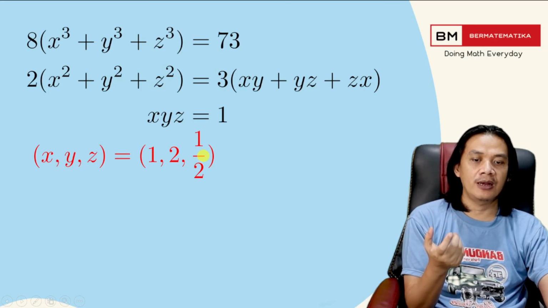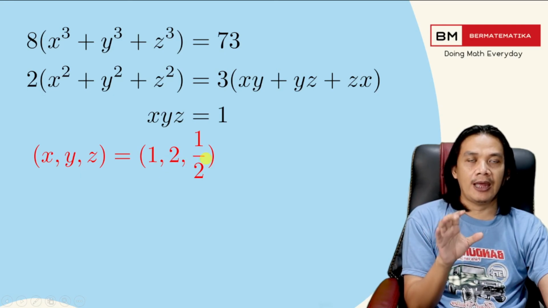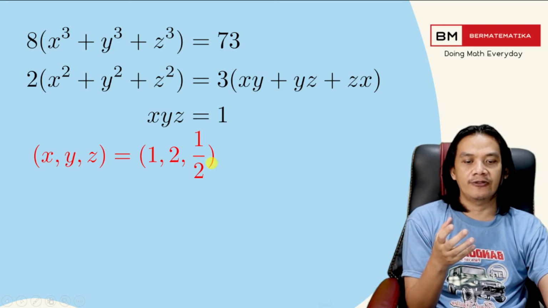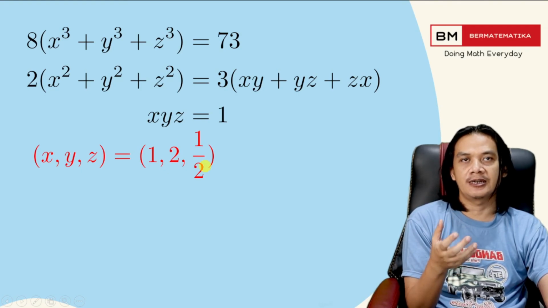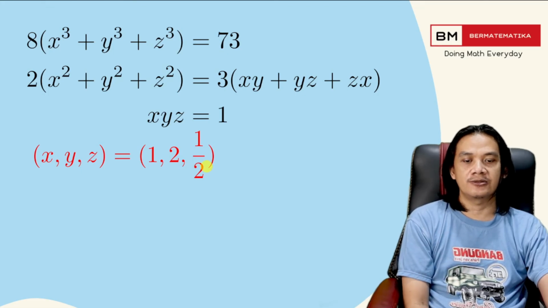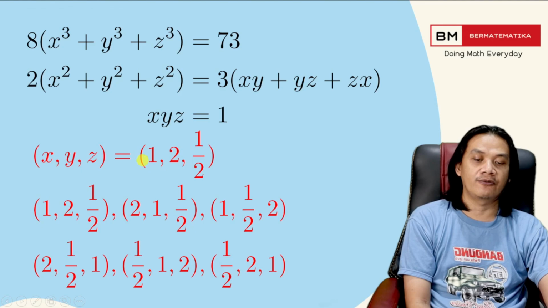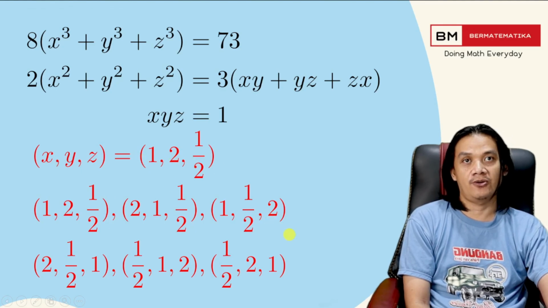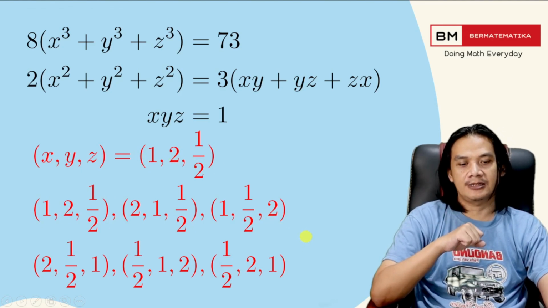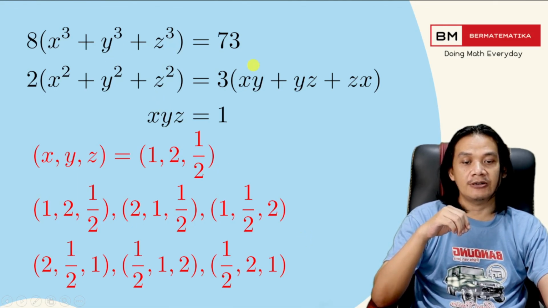Therefore, not only do we have one solution, which is 1, 2, and 1/2, but every permutation of these numbers is still a solution. So in total we have 6 solutions, namely all permutations of 1, 2, and 1/2. So that's all the solutions to the original equation.